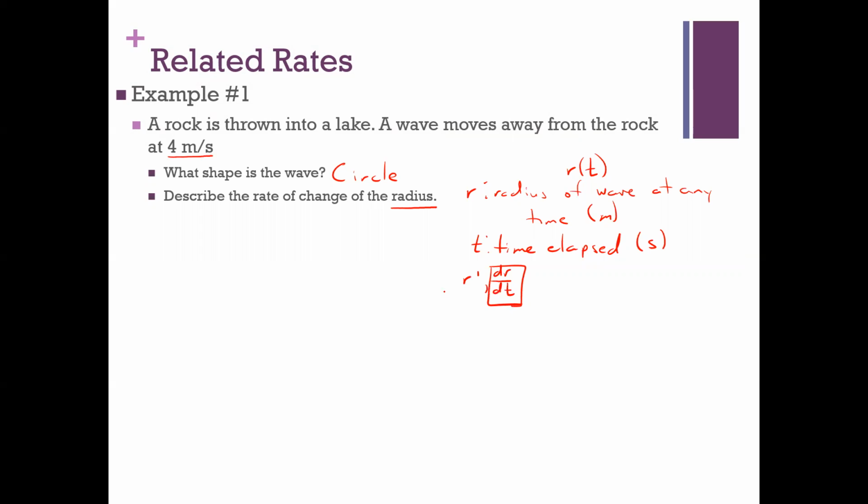So that variable dr dt is a rate variable. For this situation, what's dr dt equal to? 4. I'll say 4 meters per second, but yeah, 4 is the key there.